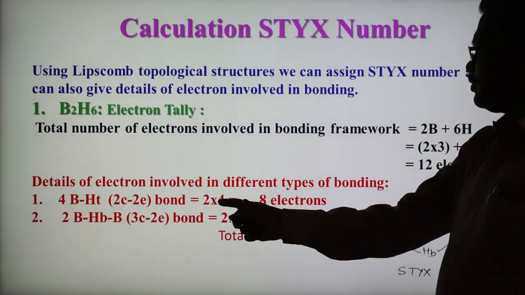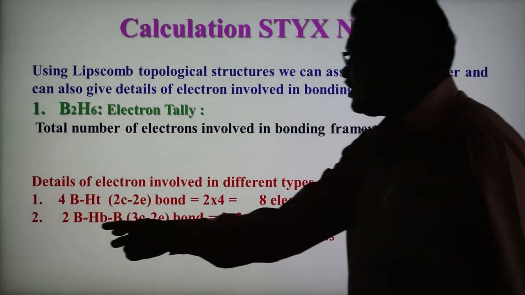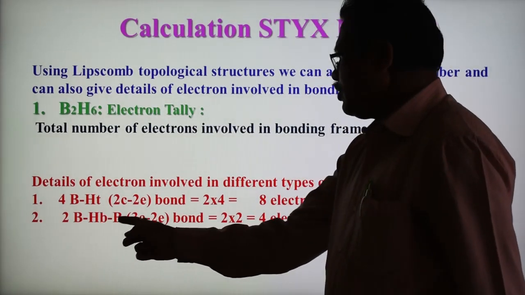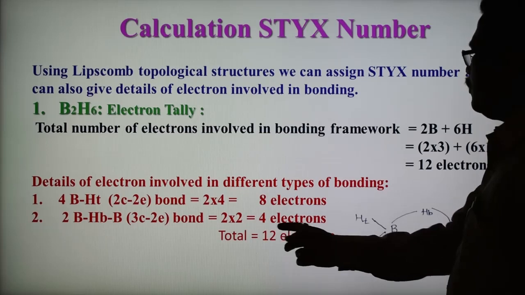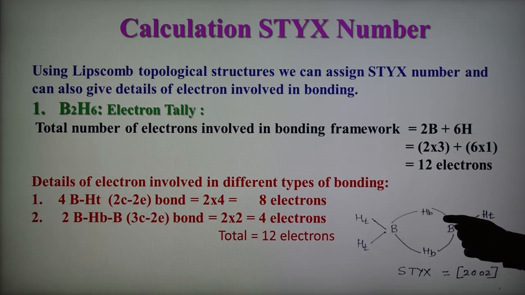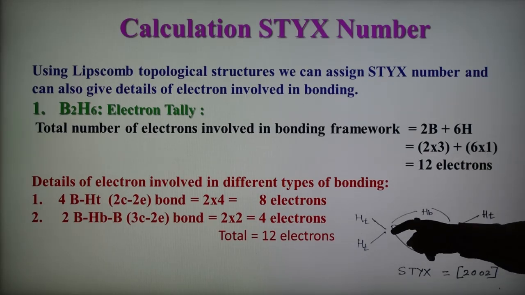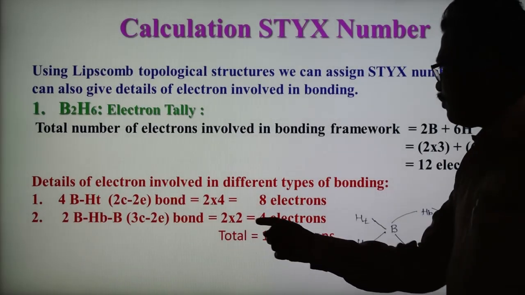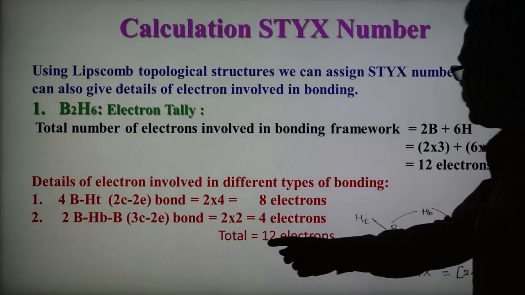Each bond has 2 electrons, so 2 into 4, 8 electrons. Second is boron-hydrogen-bridge-boron, a 3 center 2 electron bond. There are 2 such bonds with 2 electrons each, so 2 into 2, 4 electrons. So 8 plus 4, total 12 electrons.